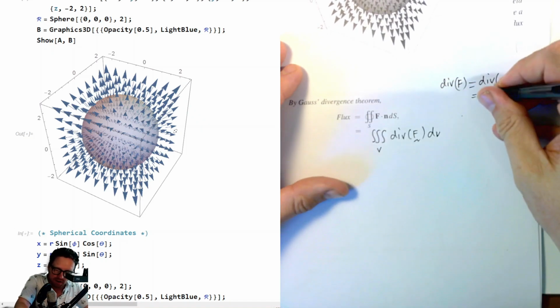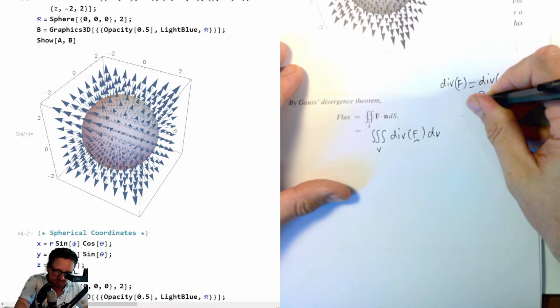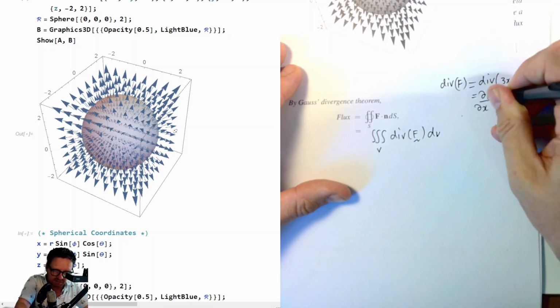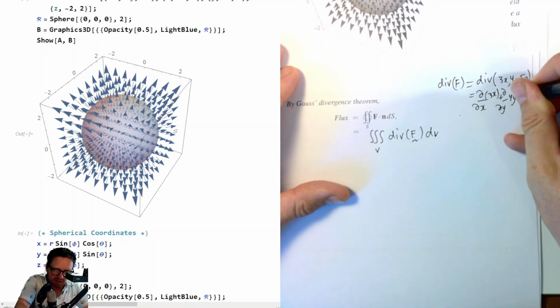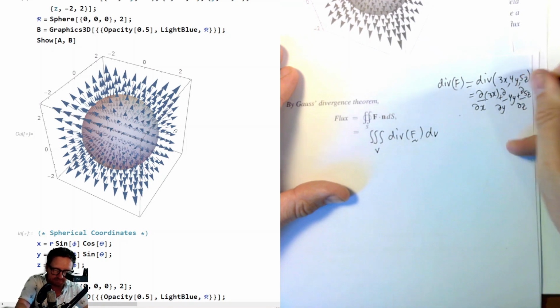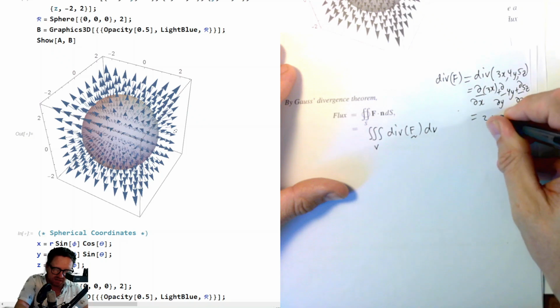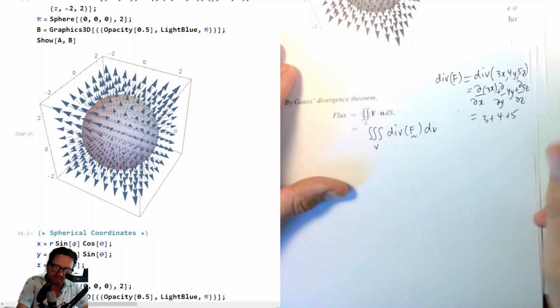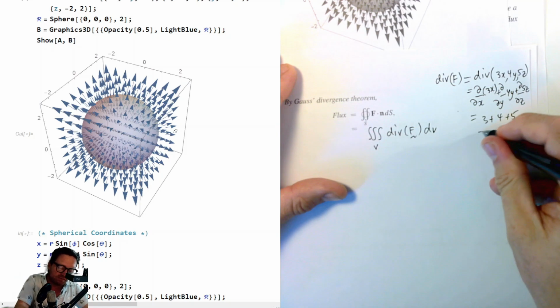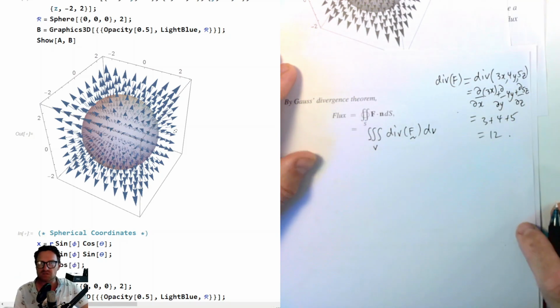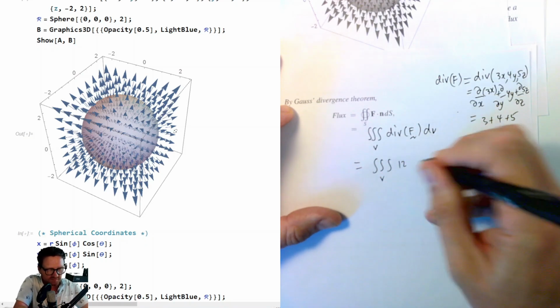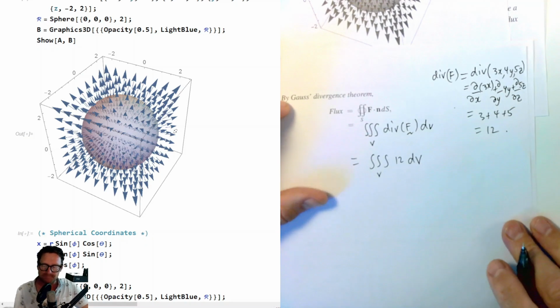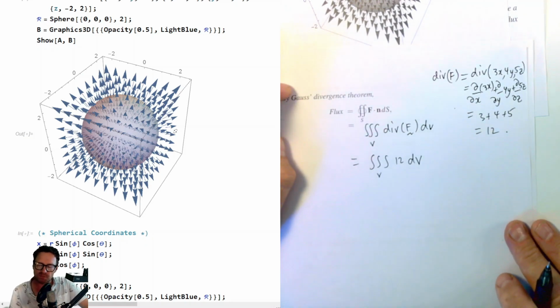And remember, that's the partial derivative with respect to x of 3x plus partial with respect to y of 4y, and then with respect to z of 5z, and this is 3 plus 4 plus 5, so we've got 9 and 3 is 12. Okay, so div of f is 12. So this becomes the triple integral over V of 12 dV. Okay, so at this point we want to use polar coordinates.